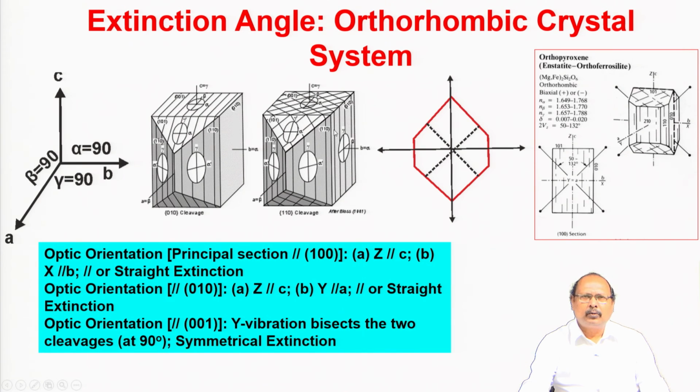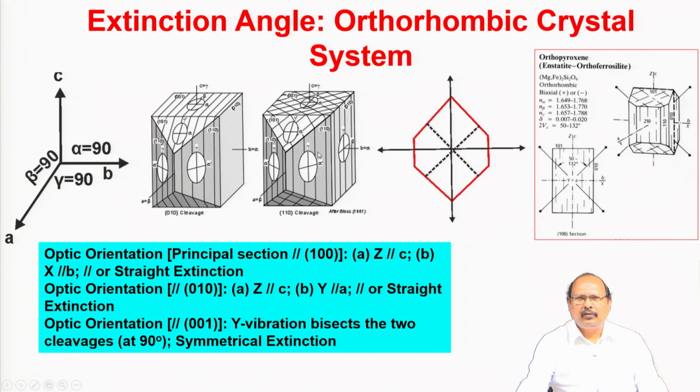Now, if you go to another type of orthorhombic crystal, where there are two sets of cleavage, let us consider this as the 1 1 0 cleavage system. This cleavage is of this orientation, and another cleavage is of this orientation, which is parallel to 1 bar 1 0, and this is the 1 1 0 plane.